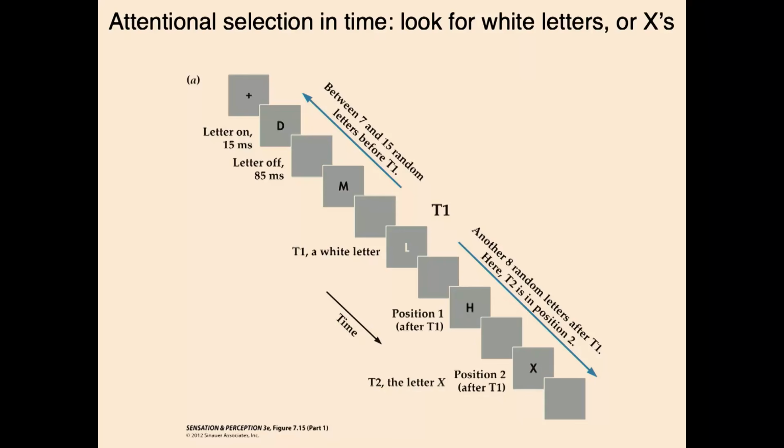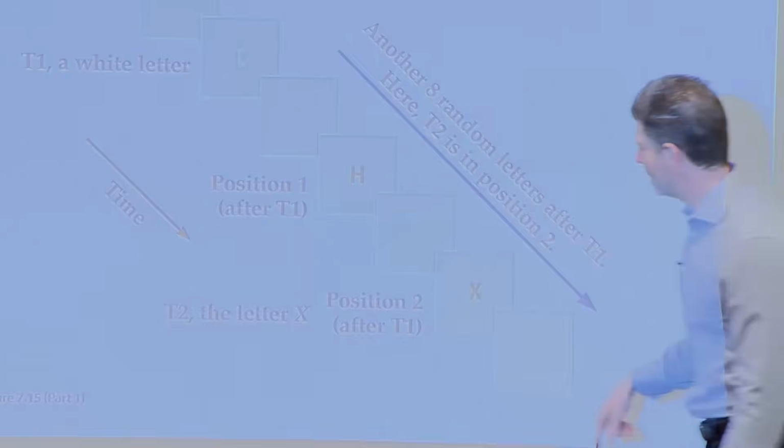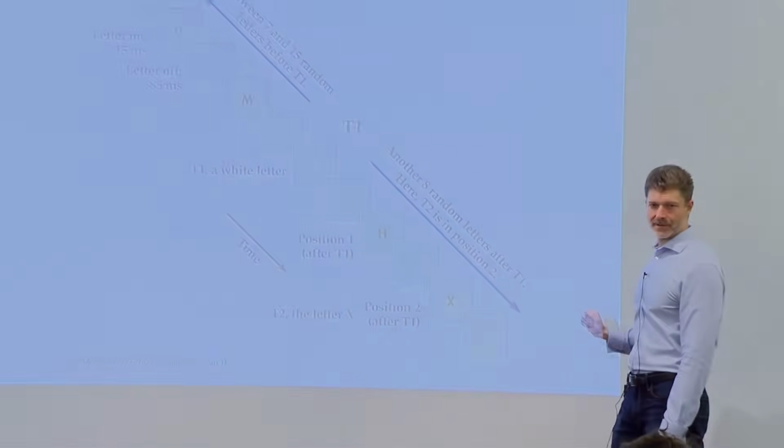This arises in the setting that's shown here, where there is a sequence of stimuli that pop up on the screen. In this case, they're letters. Your job in this experiment is to look for white letters or X's. So here's a white letter, and you would press one key, and then here's an X, and you would press a different key.